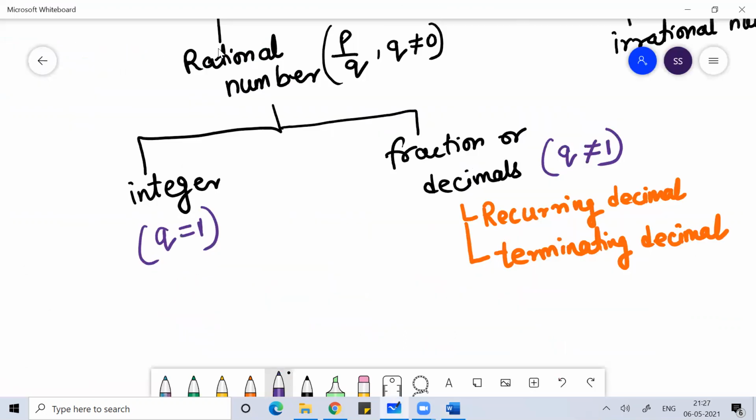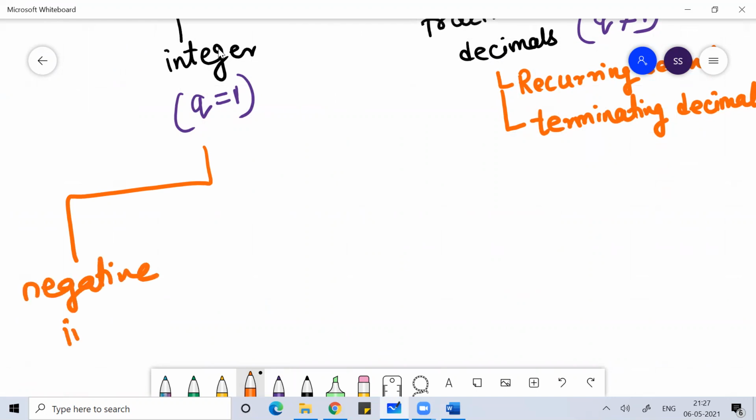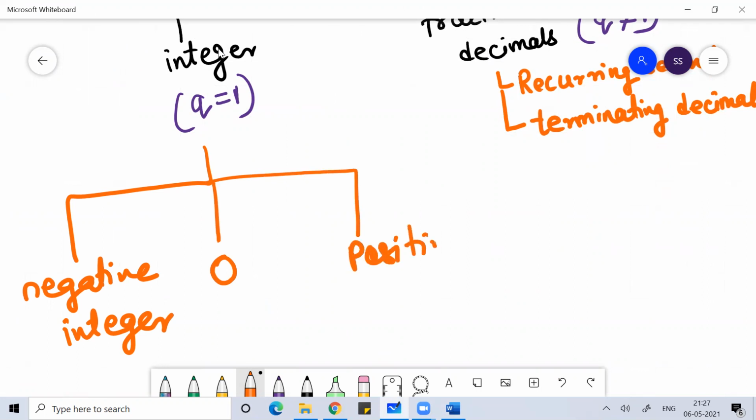When we talk about integers, an integer can be a negative integer, or 0, or a positive integer. We use a term called natural number. What are natural numbers?